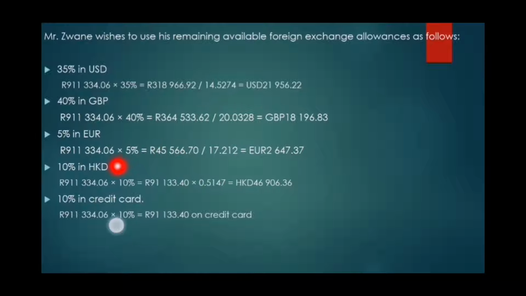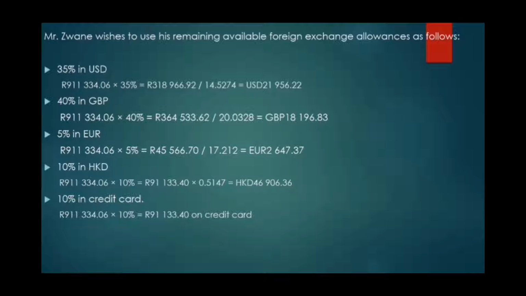He also wants Hong Kong dollars, 10% of this amount in Hong Kong dollars. Same formula applicable, so you just keep on doing this by taking into consideration your ROE for the specific currency, and then your conversion, whether you are converting to a major currency or to any other currency.